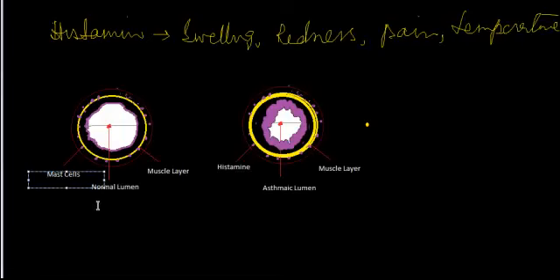You can see on the board a cross section of bronchioles. This is a cross section of the normal bronchiole, and this is a cross section from a person who is asthmatic. You see, the innermost lumen is wide in a normal person, air can pass freely. The lumen has narrowed down in an asthmatic.